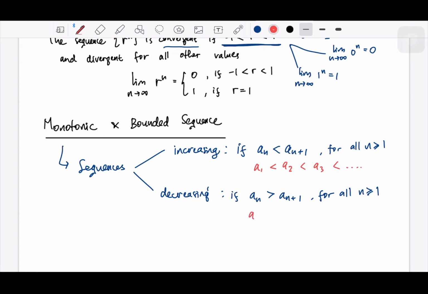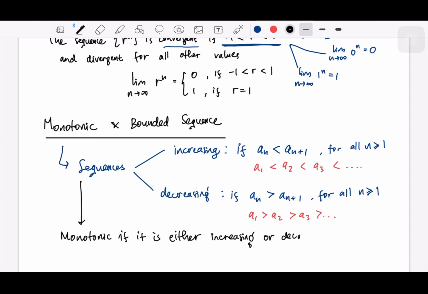And a sequence is called monotonic if it is either increasing or decreasing.